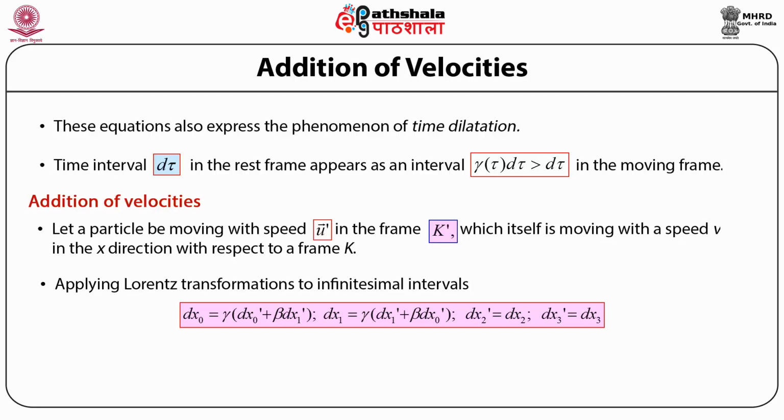Here, if we recollect from the 4-vector coordinate system that we had defined earlier, x0 refers to the coordinate ct, x1 refers to x, x2 refers to y, and x3 refers to z. So dx1 = γ(dx1′ + β dx0′), dx2 = dx2′ and dx3 = dx3′.